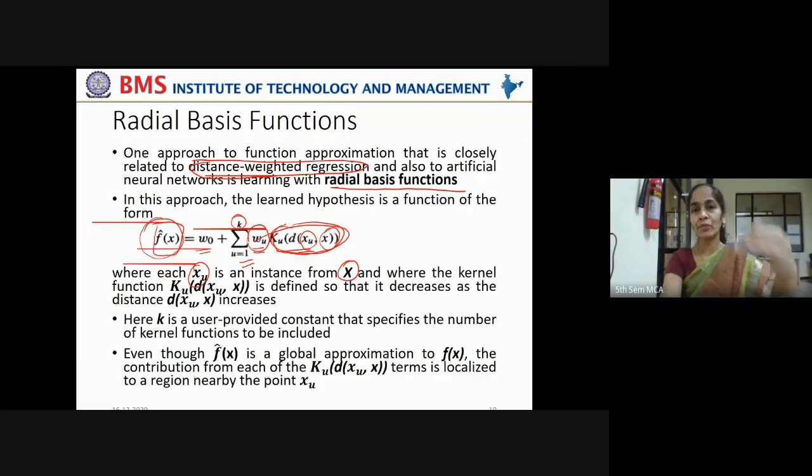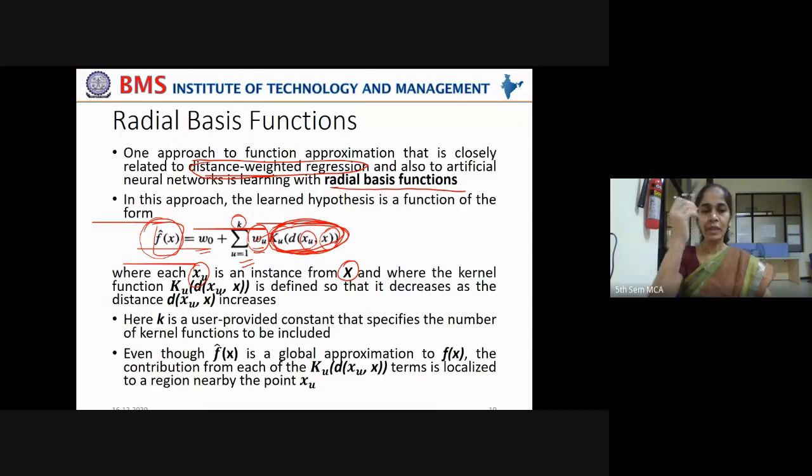This K, before we called it the distance function or distance metric, but here we are calling it the kernel function. Whenever you're talking about radial basis functions, any function you use to approximate the final target value, you call it a kernel function.